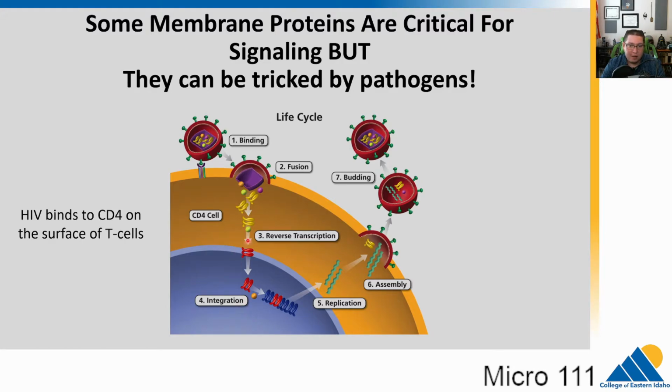And once it's in, it does its viral thing. It actually integrates with our genome and it's with you forever at that point. And then it can get out. But it's got to get in, and it does that by tricking the cell through these proteins. And then it gets out through the membrane. So these membranes are critical. They have important roles, keeping things out, letting things in, and they can be tricked by pathogens.